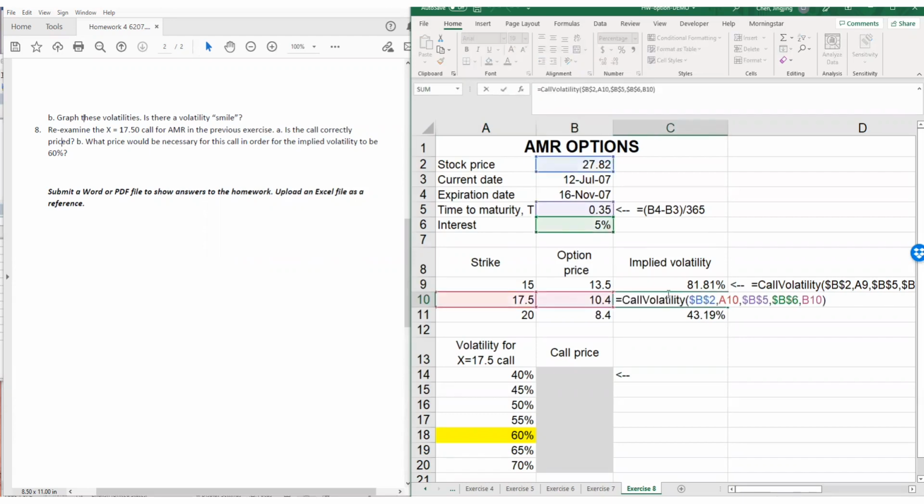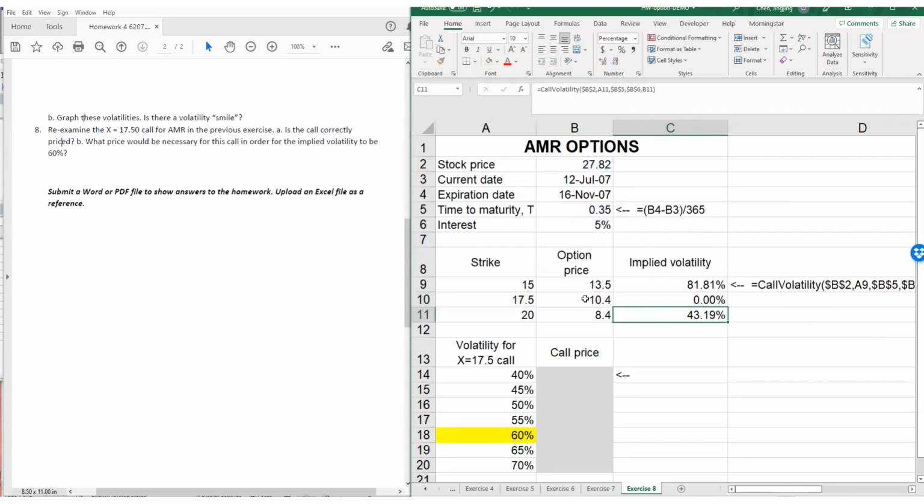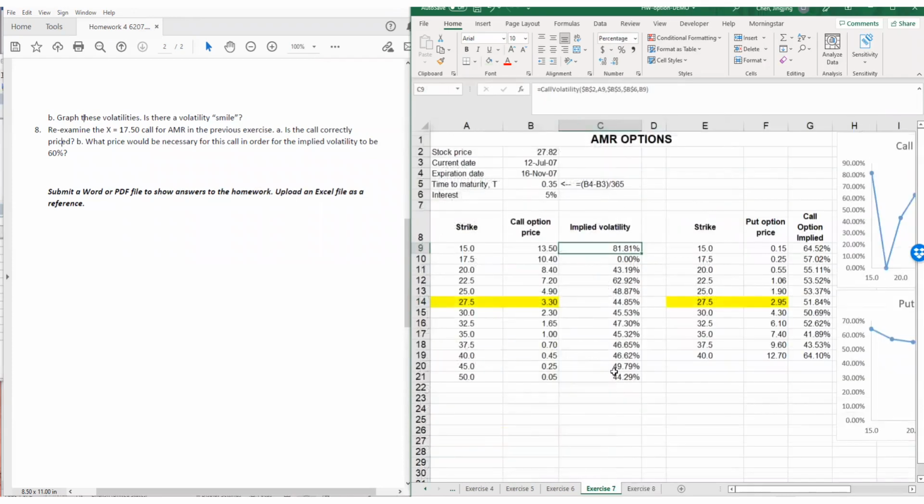Since every other parameter, this is the stock price, and this is the maturity date, interest rate, strike price, these are all standardized. And the option price here, something is wrong with the option price. Now, what should be a good option price here? Let's look at the range of the volatility here. It's somewhere from 40% to 80%.